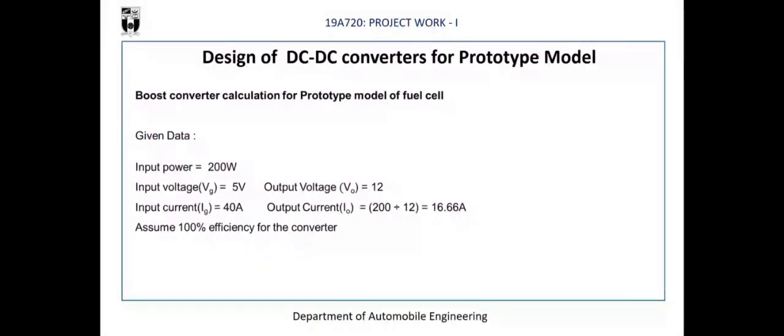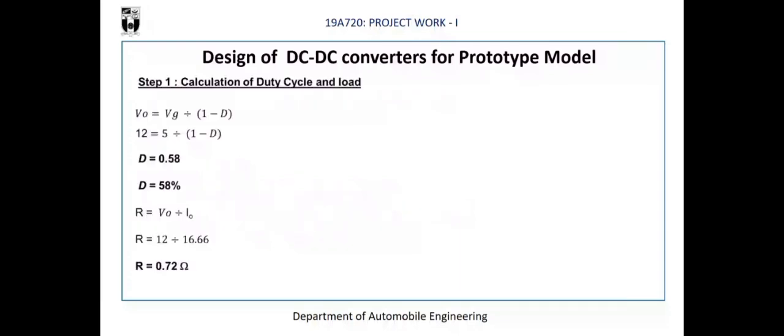To design the DC-DC converter, certain calculations are required. These are the given data for the calculations. The calculation of duty cycle and loads.